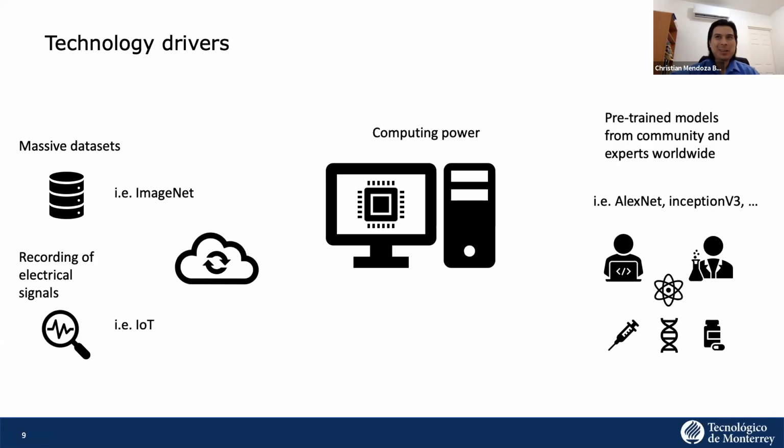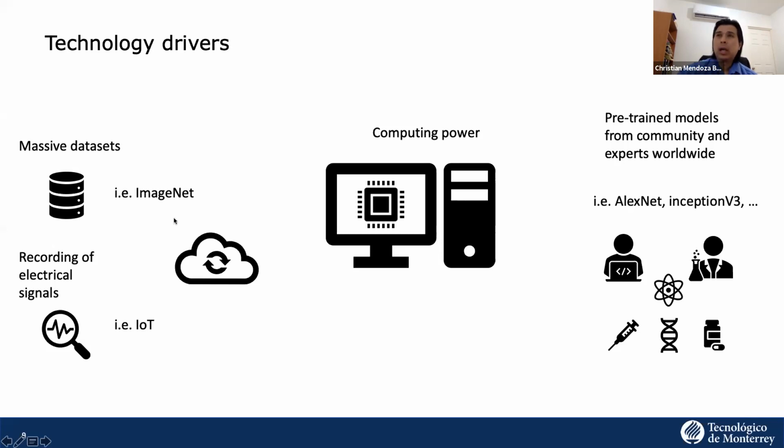This is very important because in machine learning and deep learning techniques, you need massive data sets to train those models. Otherwise, they won't be good. So this is very important for this technology.